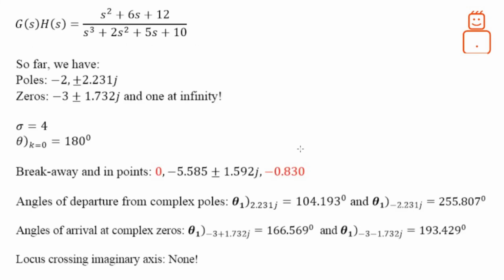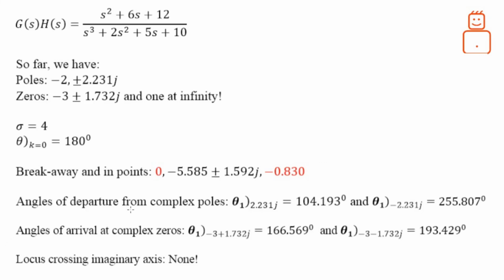So far we have this information about this transfer function. We have the poles, zeros, and we have 3 zeros: 2 are finite and 1 at infinity. We have the asymptotes point at 4 with an angle of 180. We have breakaway points, 4 roots of them; we may just take the 0 or -0.83.